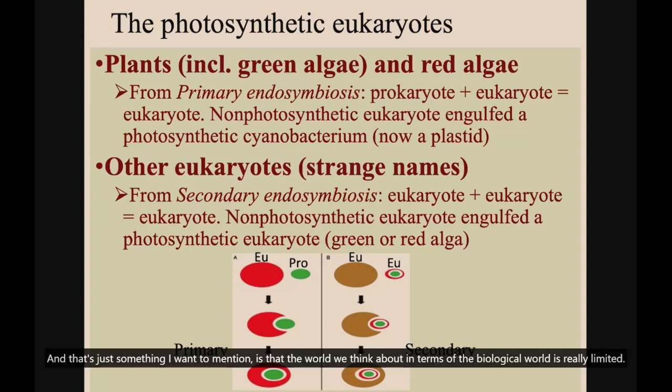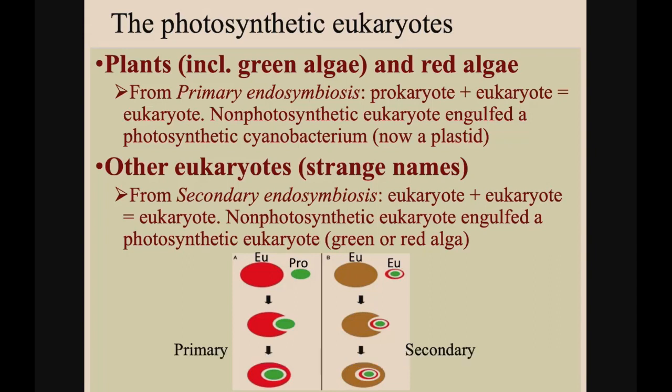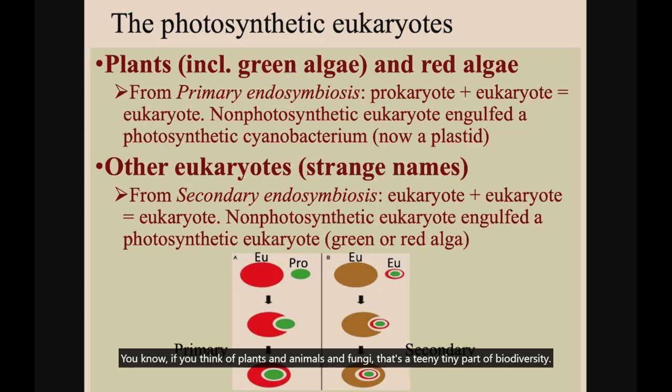And that's just something I want to mention: the world we think about in terms of the biological world is really limited. If you think of plants and animals and fungi, that's a teeny tiny part of biodiversity. Here's a diagram that kind of shows that.